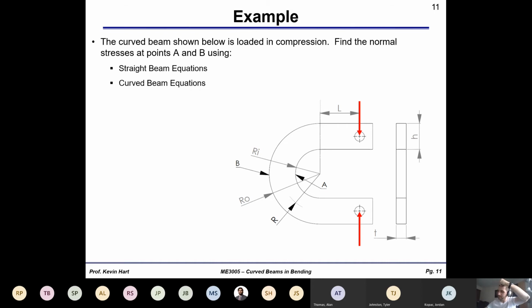So here's a CAD drawing of the curved beam that we're going to use for this particular lab, and we're going to load it up in this fashion. We have those arrows providing compressive forces at those pins. We're going to derive the stress at points A and B in this bar from that applied load. We'll do that using the straight beam equations, which is your My over I, as well as your curved beam equations, which is M(r_n minus r) over A r(r bar minus r_n).